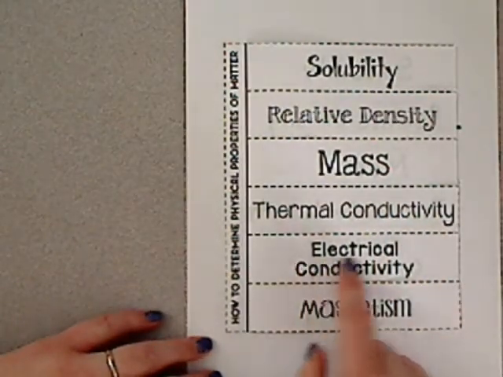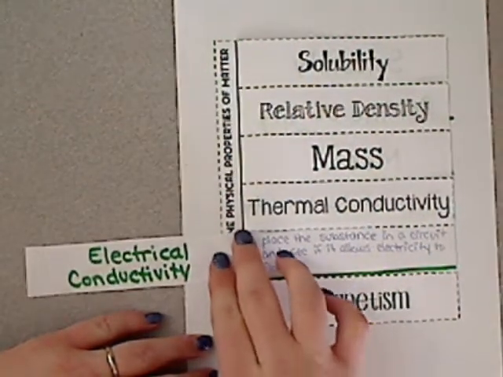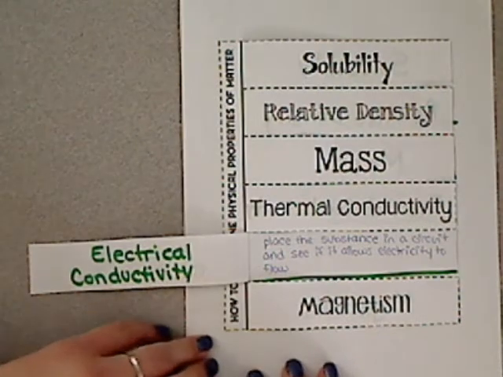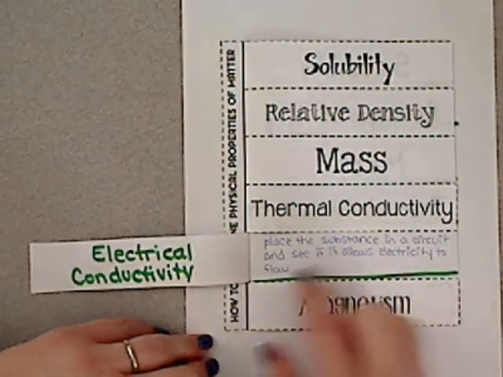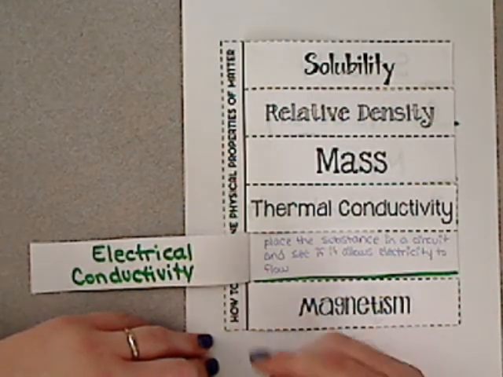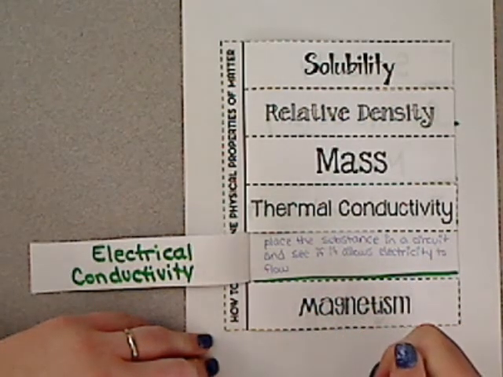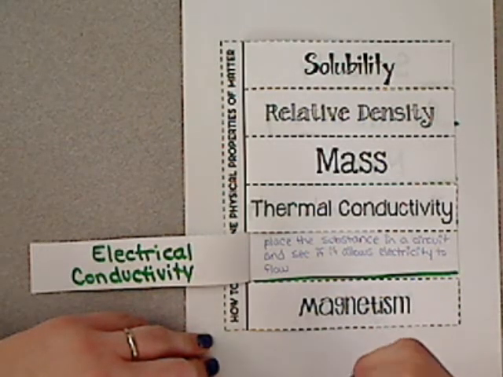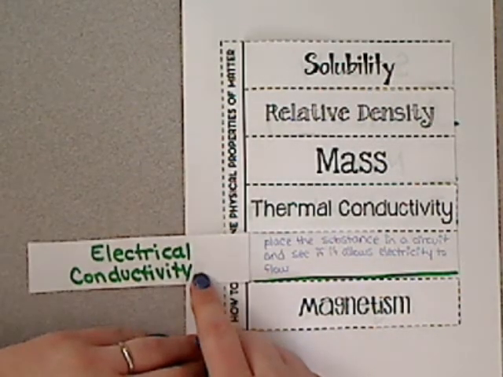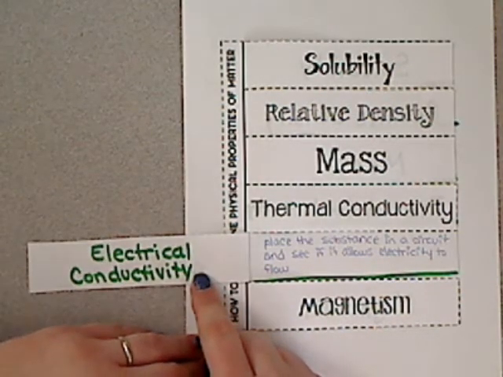Same concept with electrical conductivity, which we've tested when we were looking at circuits. You place the substance in a circuit and see if it allows electricity to flow. So if electricity flows through it, such as an iron nail, wires, pipe cleaners, things like that, those are electrical conductors.